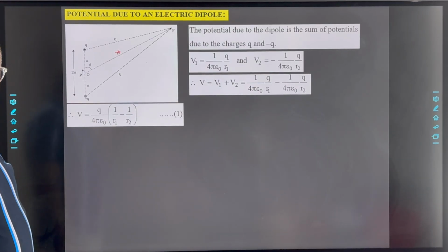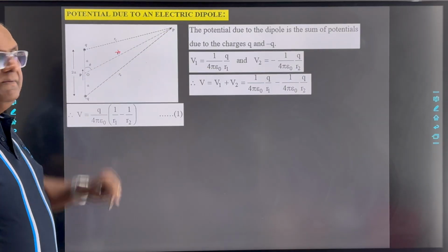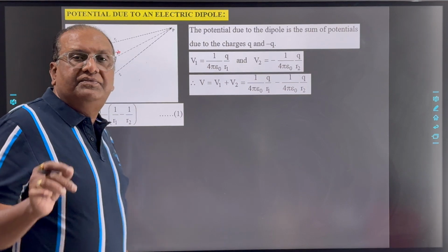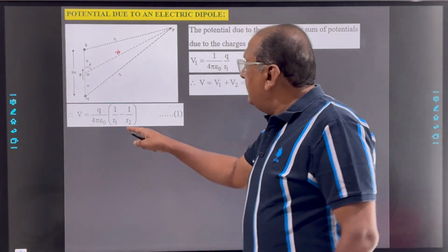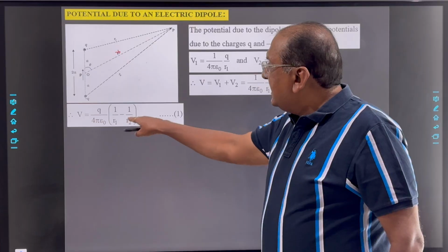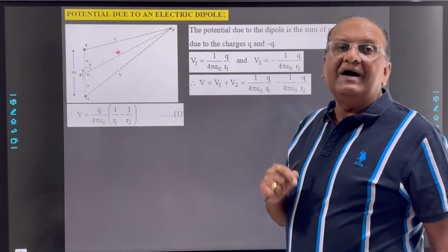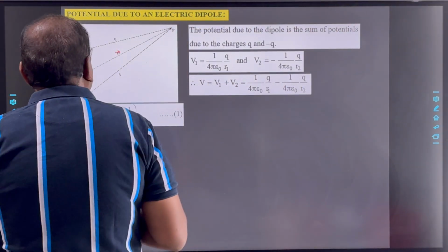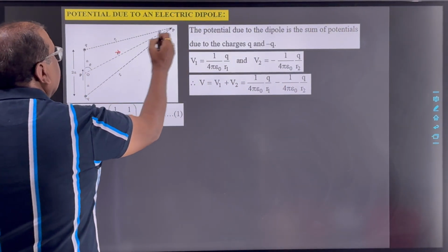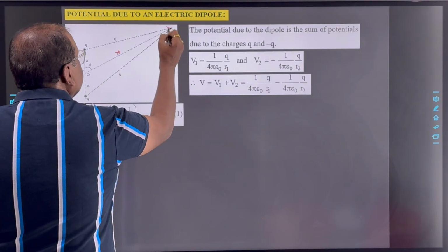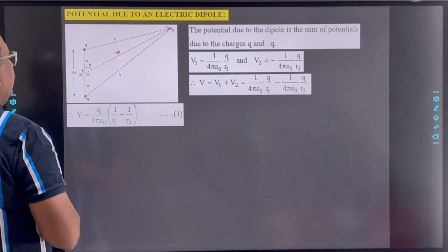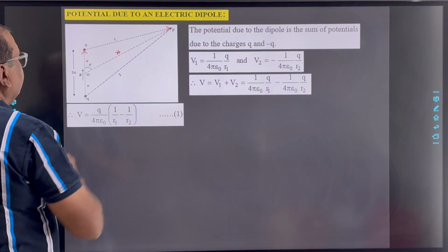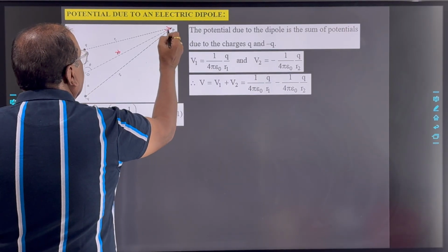But here we have the distance of that particular point with respect to the center of the dipole. So we have to represent R1, R2 in terms of R. Now see here. Suppose we consider this position R1 as a position vector R1. Then A vector is like this and this is our R vector.